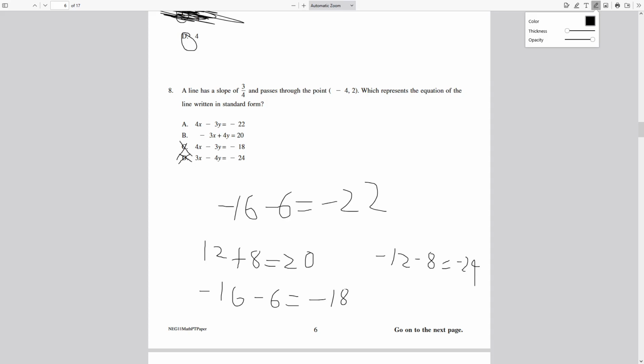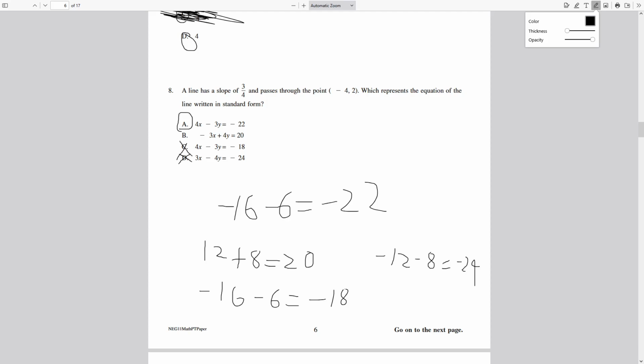But wait, did I do this wrong? Because both A and B are true. So A, because we don't need this to be negative.